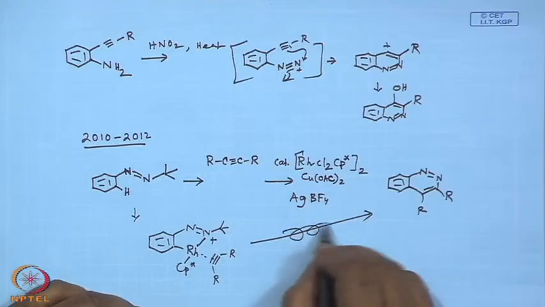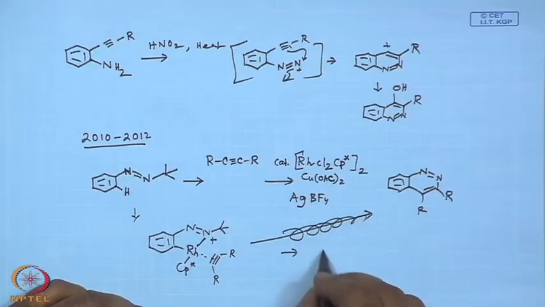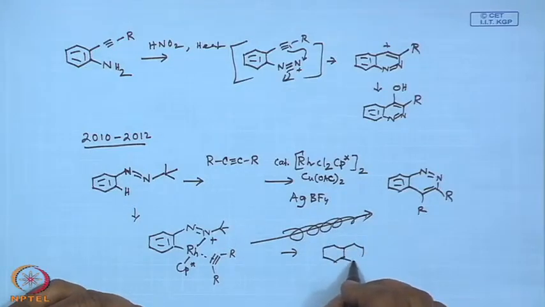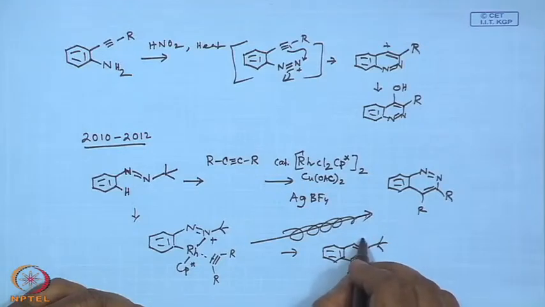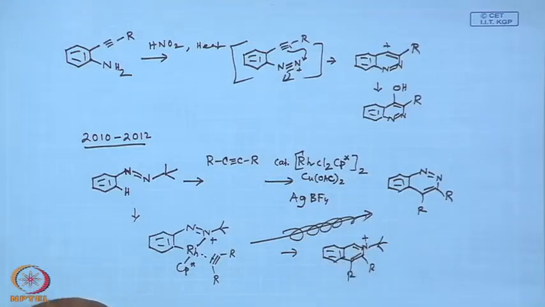Actually, what happens in between, when the reaction is over, or rather towards the penultimate stage? So, what you will be getting here is R, and this is an isoquinolinium salt here, because you have a tertiary butyl group.